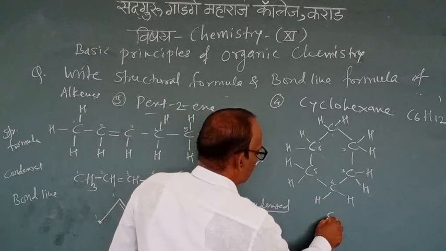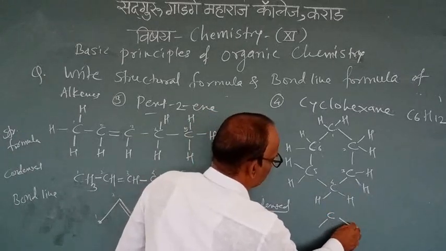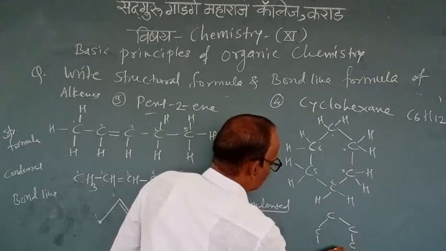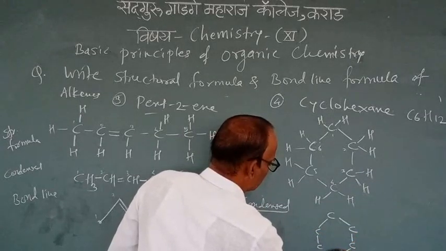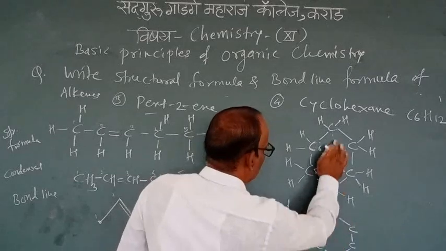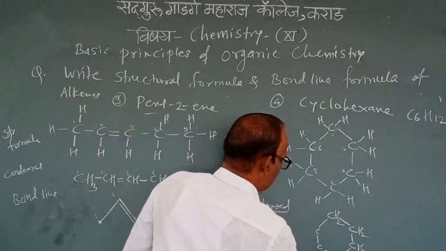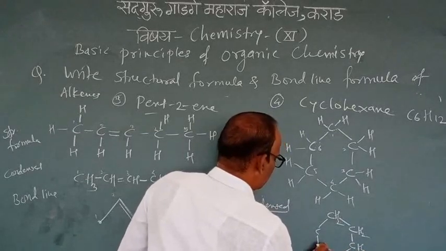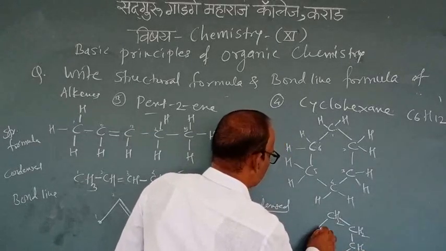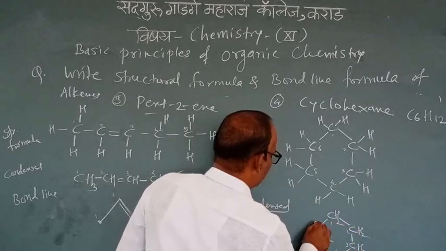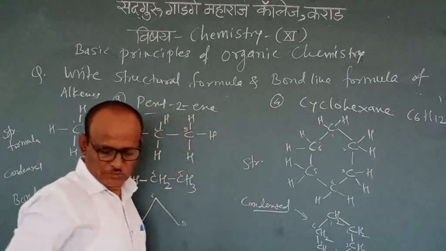So first write carbon atoms, then hydrogens are CH2, CH2, CH2, CH2, CH2 and CH2. Carbon number 1, 2, 3, 4, 5 and 6. So this is the condensed formula.